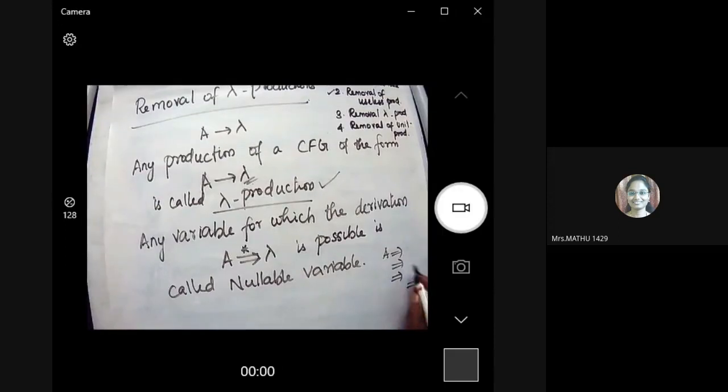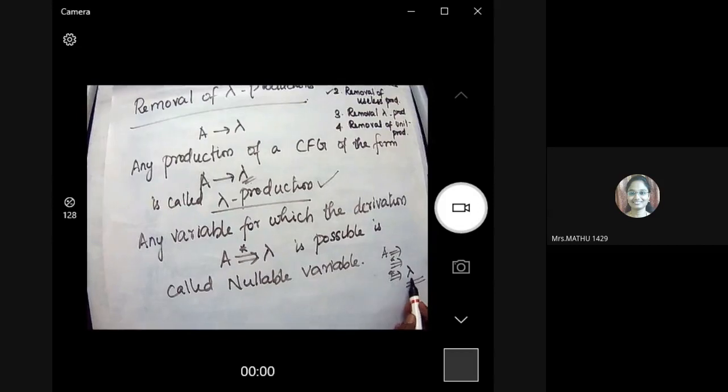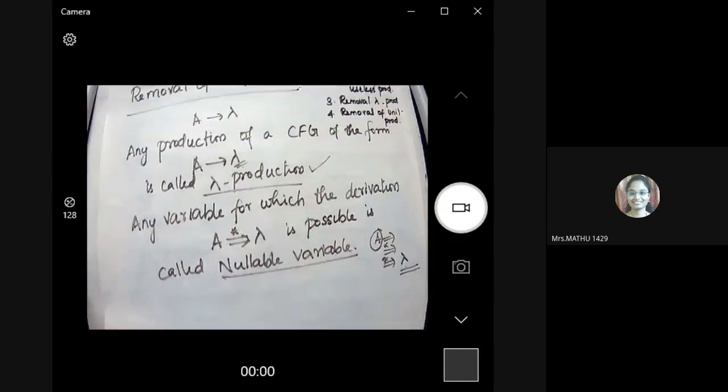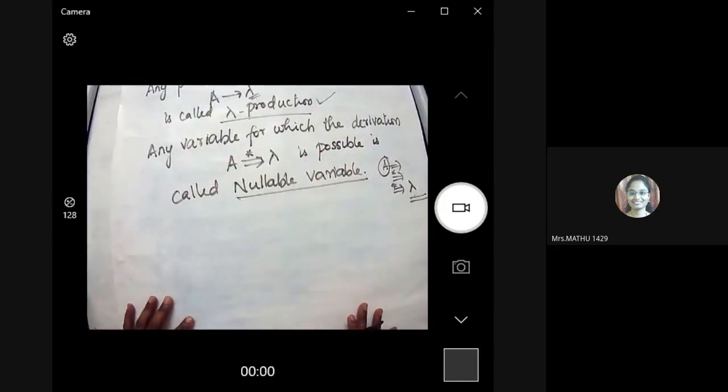In such a derivation, initially it may not be lambda, but after some derivation steps, if you are able to generate a lambda, then that variable is called a nullable variable. Is that clear? We are going to identify such nullable variables and lambda productions, and we are going to remove them.